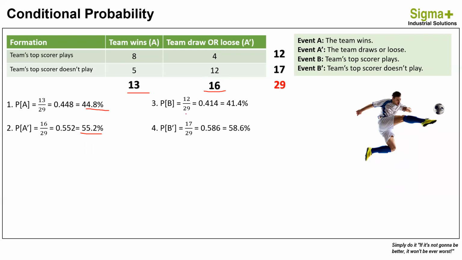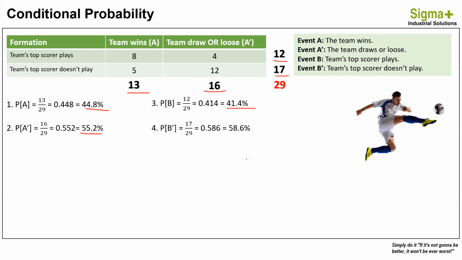Okay, and the probability that the team's top scorer player will play the match is 41.4%. As we can see, because we know that the team's top scorer, within the 29 matches, played 12 times, and the number of matches that he didn't play was 17 times.